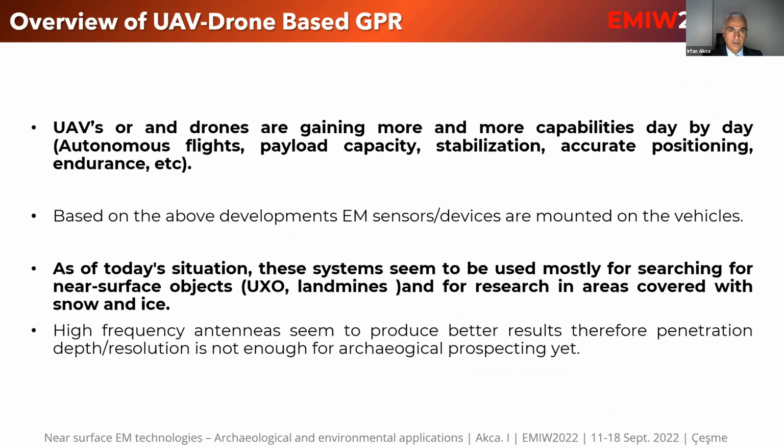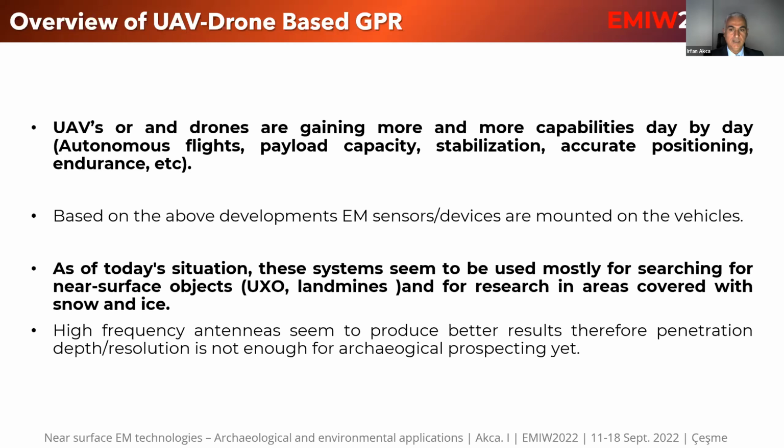They are developing and they really do a good job in many areas, but in today's situation, the systems are more suitable for the application of UXO or landmine detection or snow cover detection, but not as good for archaeological prospection.